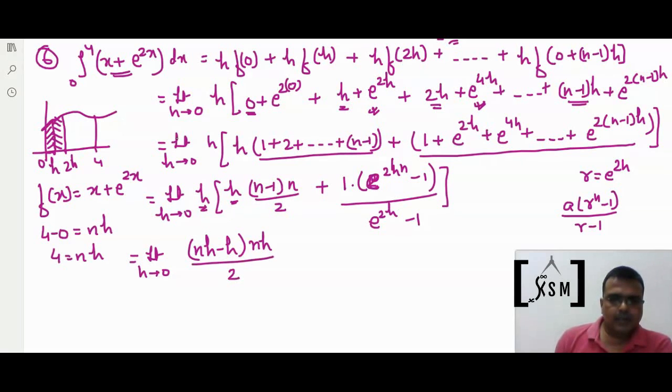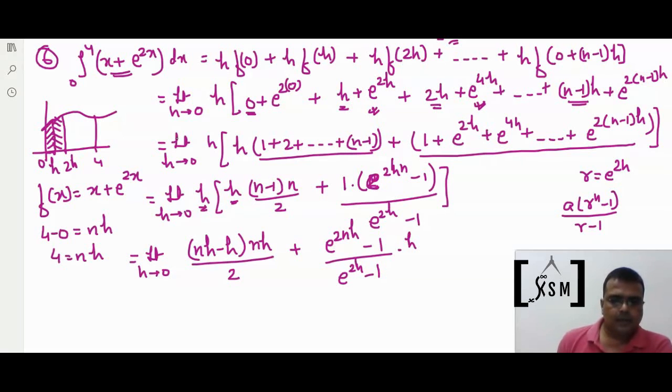And then this h will go with this. So we'll see e to the power 2nh minus 1 over e to the power 2h minus 1, times h. Good?